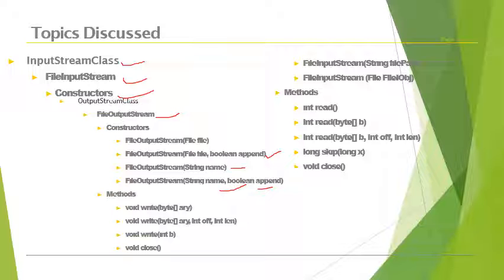Then the methods are the write() methods, where we vary the arguments. Then for the input stream classes, the constructors take a string file path, giving the direct path to that file, or a File object as the argument. The methods are read(), where we have different types of arguments, then skip() and close(). So this is our class for today.